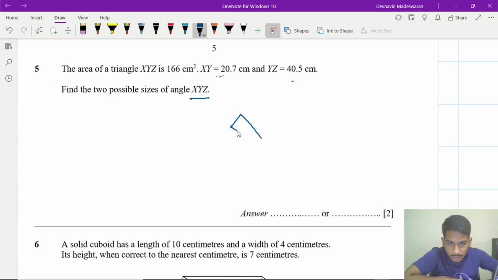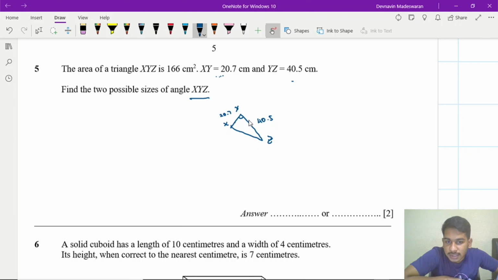So we have another triangle, which has another angle, which is here. So we have X, Y, Z, and this is 40.5, this is 20.7. So they want angle XYZ, this thing. What are the possible angles? We know the area though. Cool.